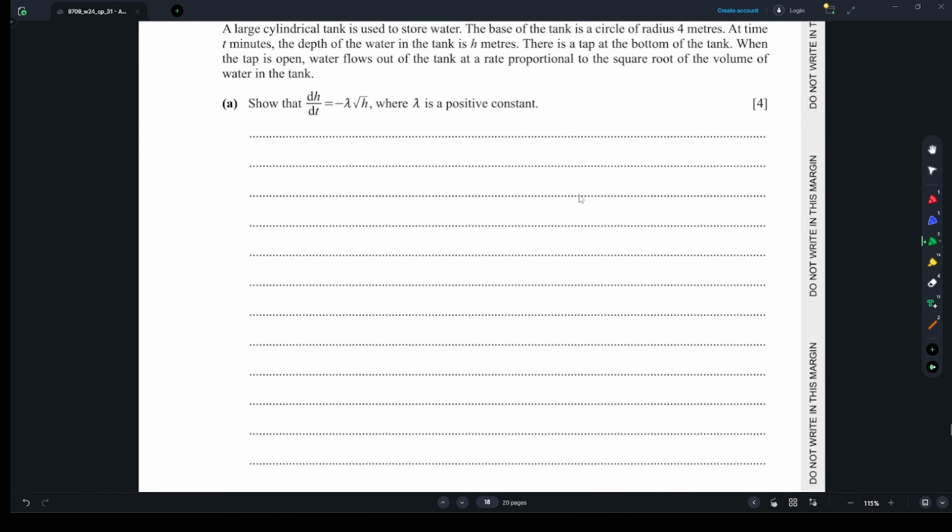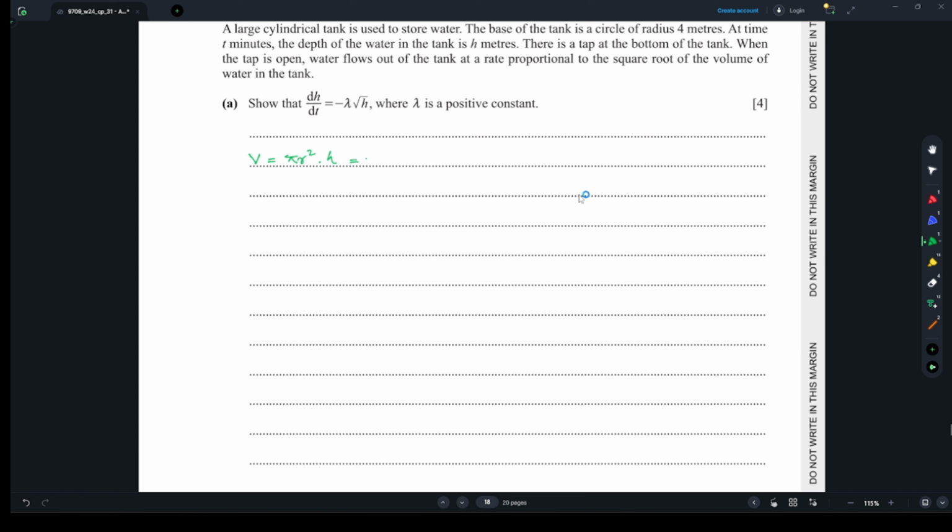Okay. So now we have to find dh over dt. But for that, we have to construct a relationship between volume and water height. So first we can take the volume. The volume of a cylinder is the area of the cross section, which is a circle, so pi r squared times h. And r they gave us as 4, right?